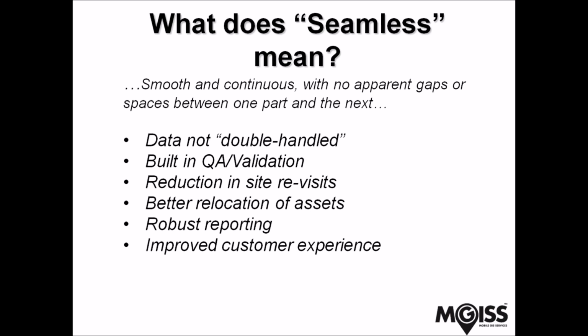And overall, we all have customers, and what we're trying to do is improve the experience we give to our customers, because we're using technology both for our own purposes and to drive efficiencies within our businesses, but also to help those who rely on us as customers. And this list is not exhaustive; there are lots of added benefits you can bring to bear by adopting a more seamless approach.